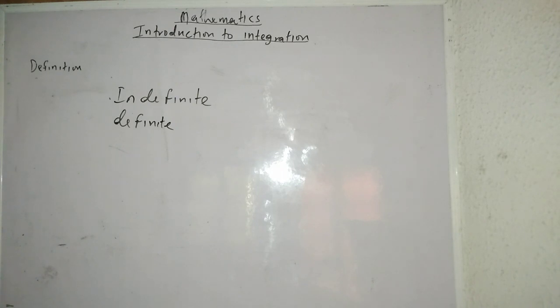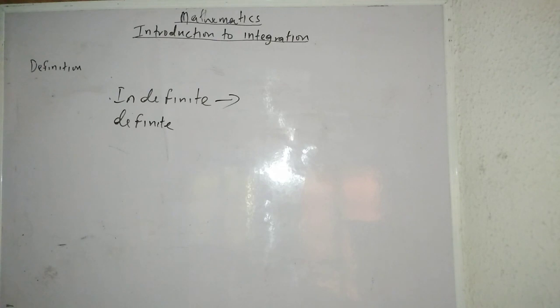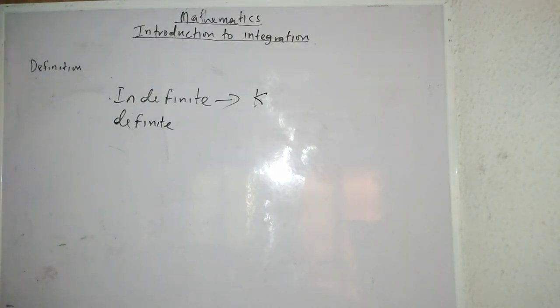Now, the indefinite integral always includes a constant, constant k. After integrating, I will always attach a constant. It can be k or c. Mostly in mathematics, we use k and c to denote a constant, or you can use your own convenient letter.